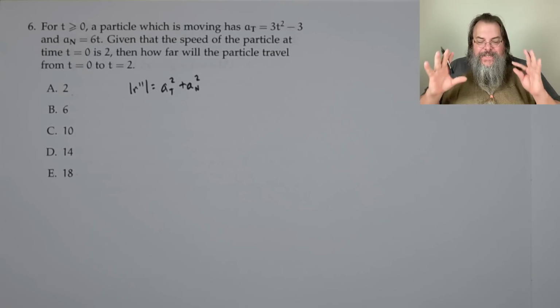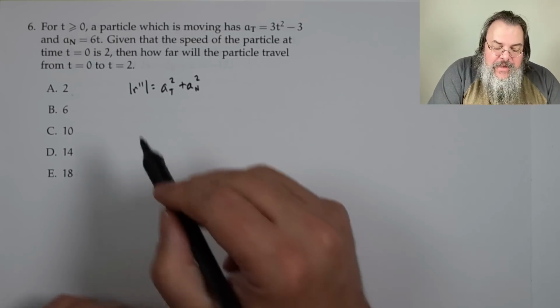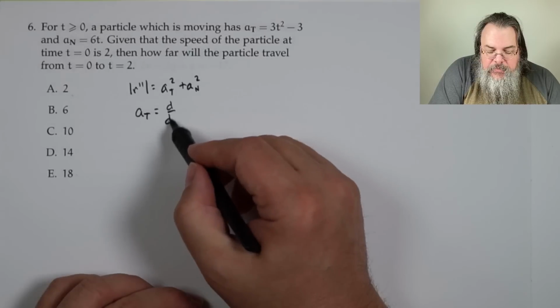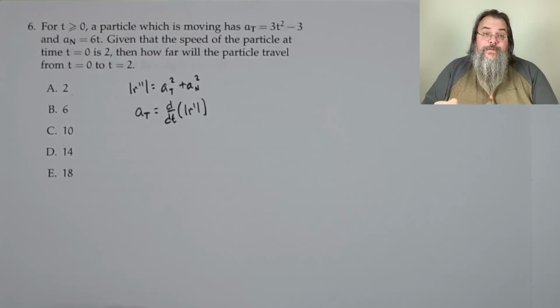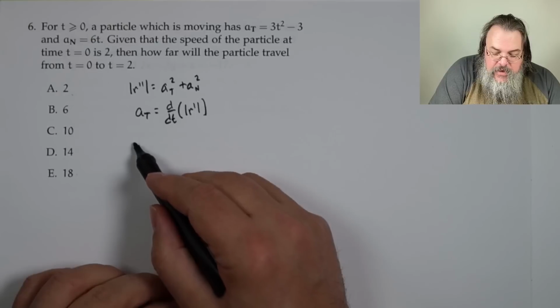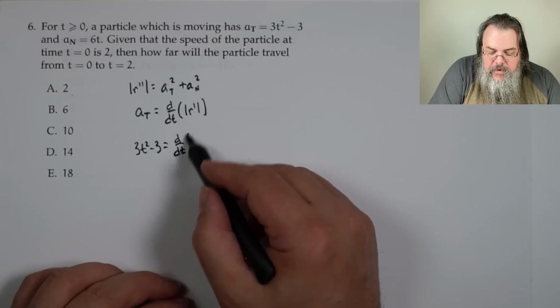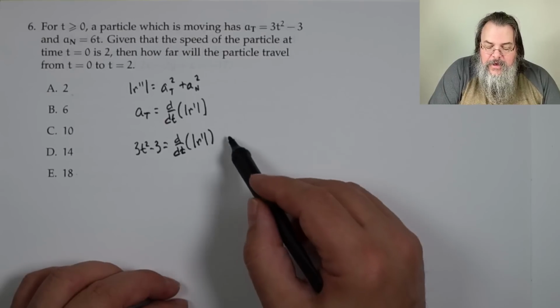It's kind of weird. It feels like this is the right formula, but it's not going to be the one that helps us. There's another formula right next to this one, and it says, hey, you know, a sub t is the derivative of the magnitude of r prime. That's the one we're going to need. Why? Well, because what did we have? We have that 3t squared minus 3 is the derivative of the magnitude of r prime. So that helps us solve, right?